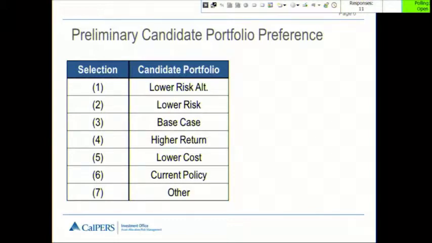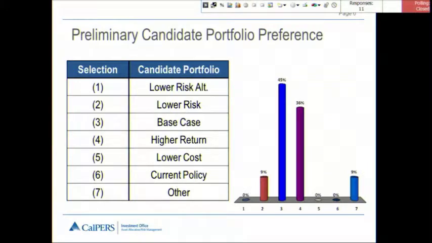Okay, we get 10. 11. All right, is it 11? Okay, so let's see. What we have identified then is 3 and 4, which is base case and higher return. There's one other, and one lower.